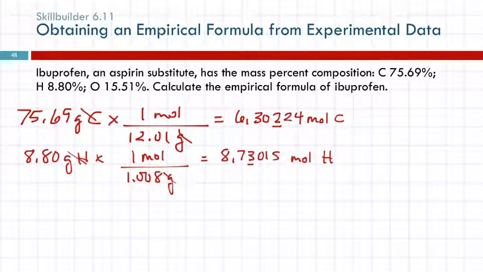Yes, because it's that percentage, if it was a 100-gram sample, then this would be the mass of carbon. What I'm saying is we're going to choose a 100-gram sample, because then we don't actually have to do the math with the percentage. We can just change percent to gram.